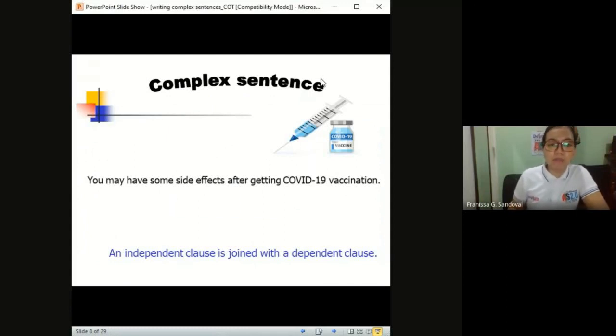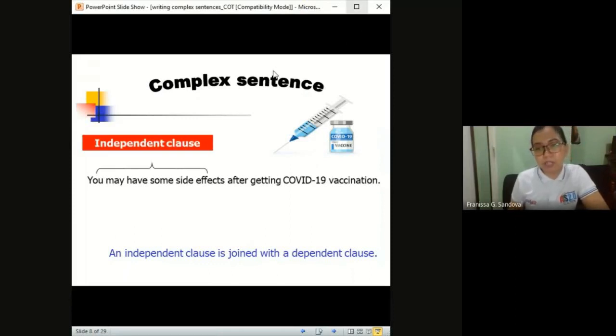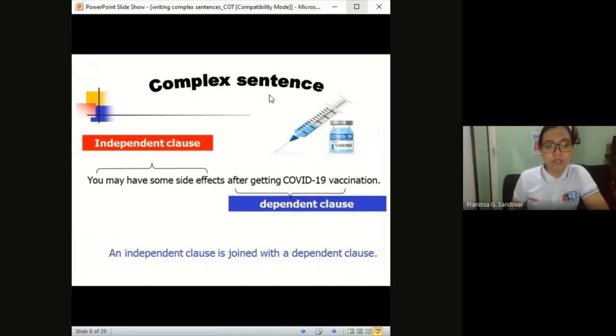You may have some side effects after getting COVID-19 vaccination. There are two parts in this complex sentence. You may have some side effects is the independent clause. After getting COVID-19 vaccination is the dependent clause.